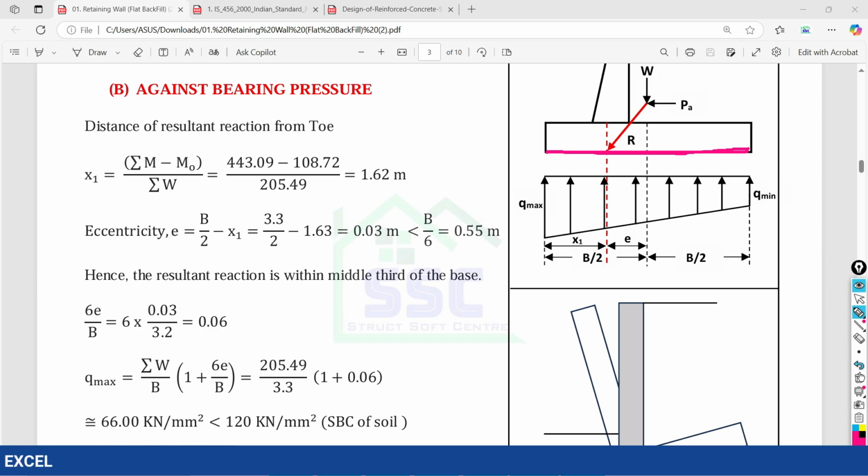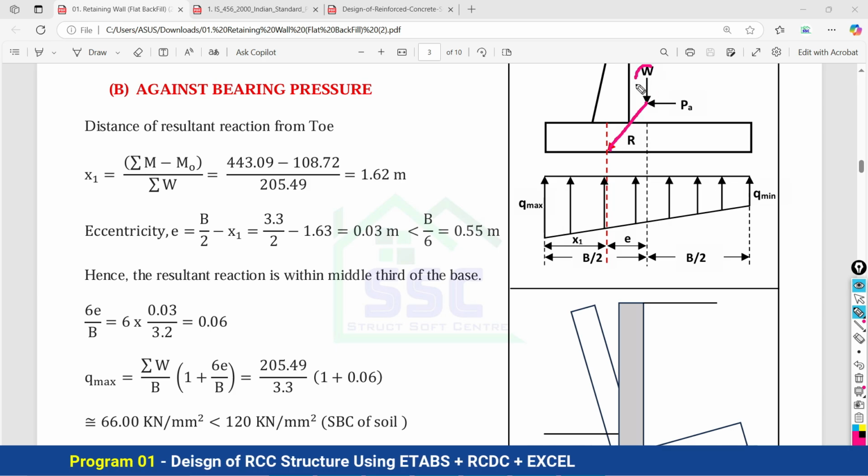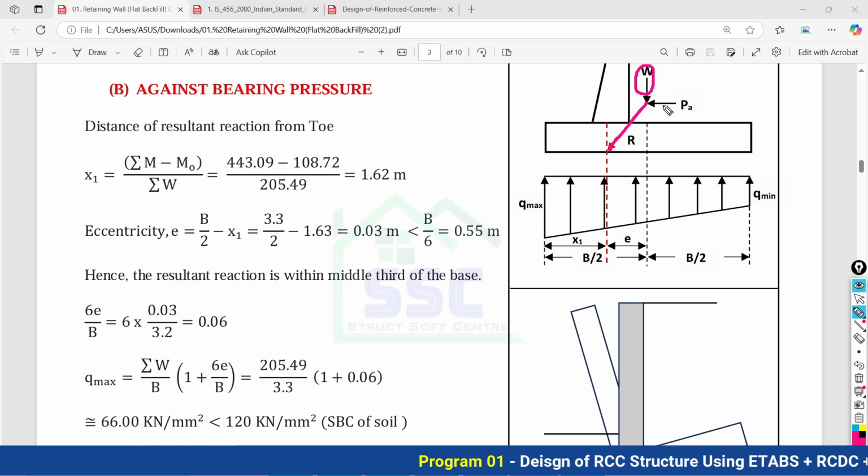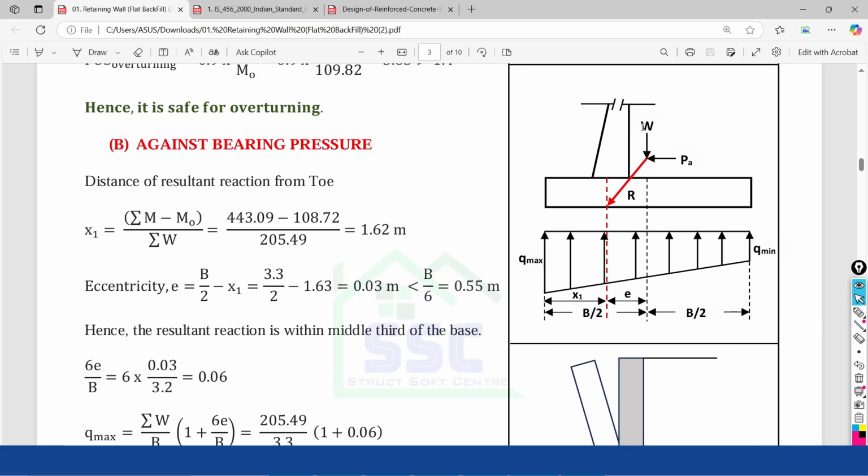Here, firstly, we are going to find out the location of the resultant force from the gravitational load of the self weight of the retaining wall and the lateral load caused by the soil behind the retaining wall. So we have to find out the total weight.